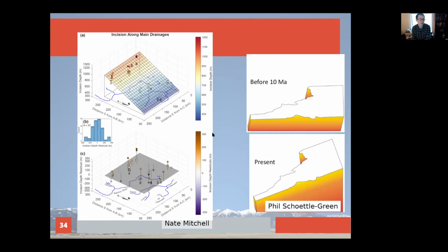And lastly, the observations also don't support this idea of a transient pulse of uplift. As part of this project, our collaborators at Indiana University and University of Washington collected a bunch of cosmogenic samples from both the Clearwater and Salmon watersheds in northern Idaho.